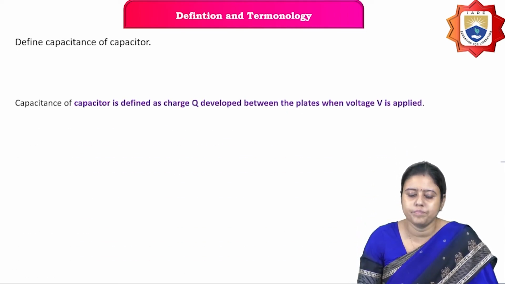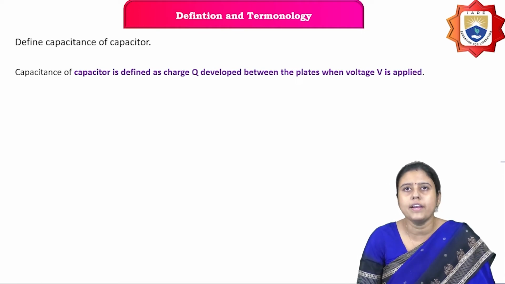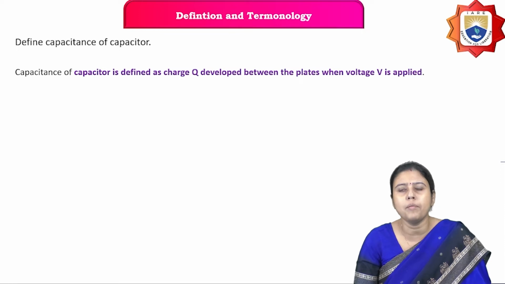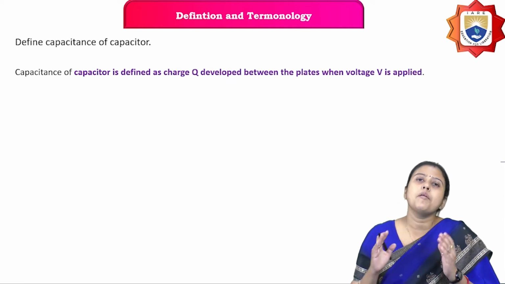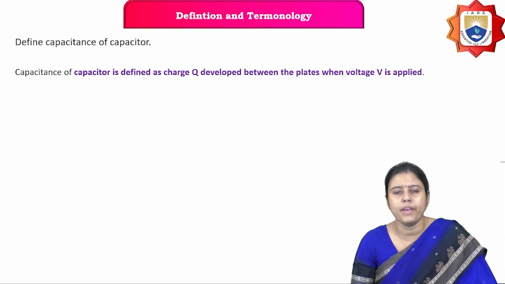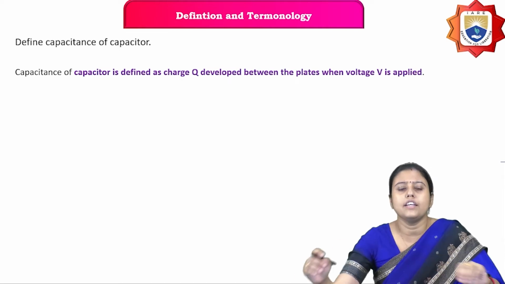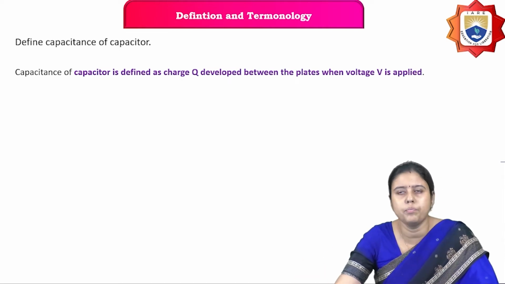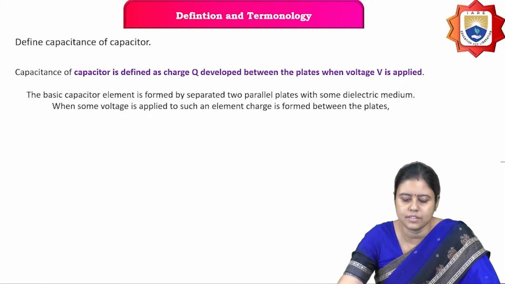The capacitance of a capacitor is defined as the charge Q developed between the plates when the voltage V is applied. If we have two parallel plates or two concentric plates, whatever, connected to any voltage source V, there will be some charge, and the charge per unit potential is known as the capacitance.